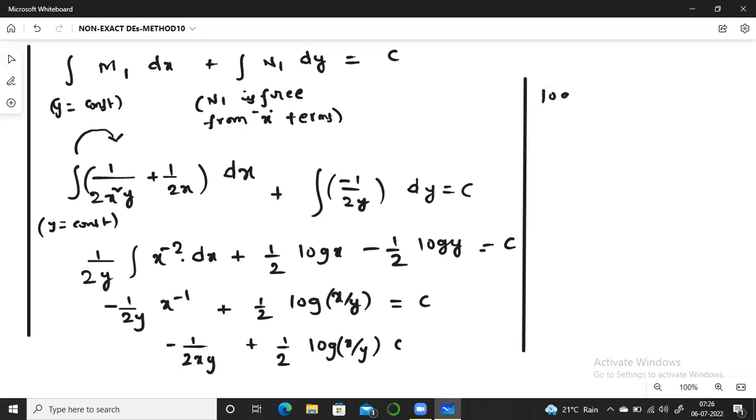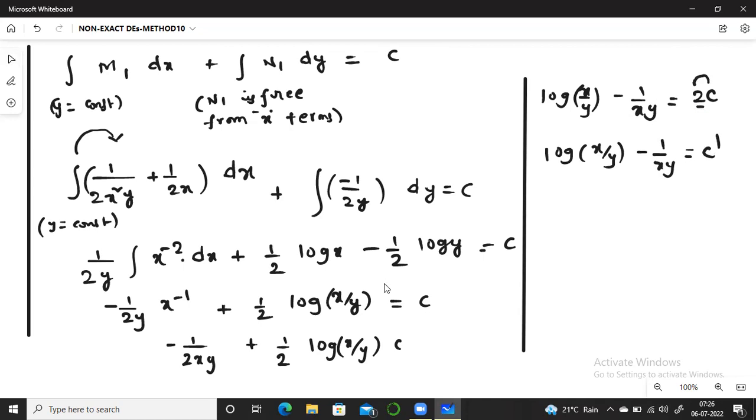So log x over y minus 1 over xy is equal to 2c. Still you can make 2c as c dash: log x over y minus 1 over xy is equal to c dash. A real constant multiplied by an arbitrary constant finally gives an arbitrary constant only. So I am making 2c as c dash, an arbitrary constant. So this is the final solution of the given problem.